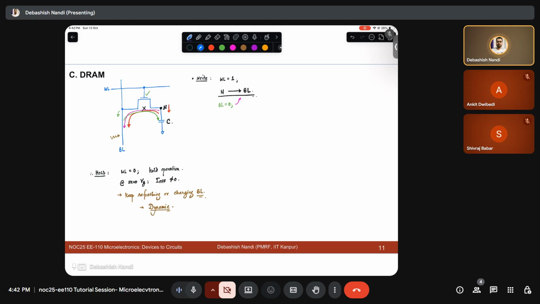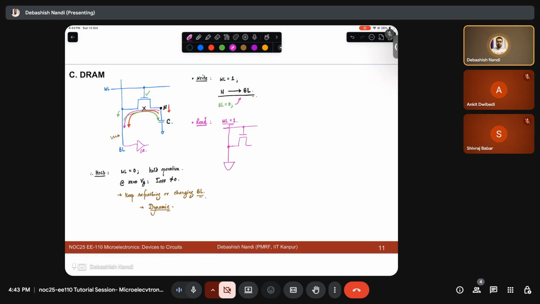And how do you read? Again, the way you read is you make your WL equal to 1 and then connect some kind of sense amplifier to sense what amount of voltage is there. But there is a catch. For example, if you want to read 1, let's say this is what is connected.